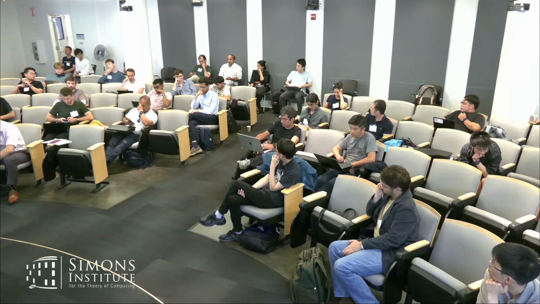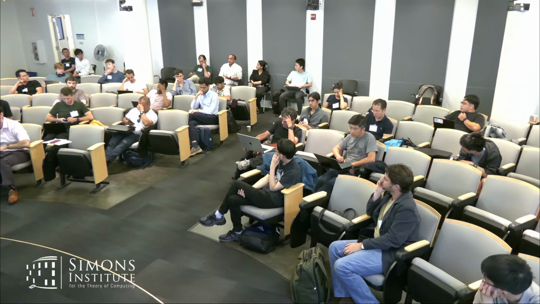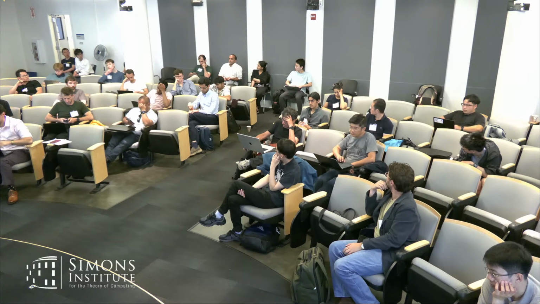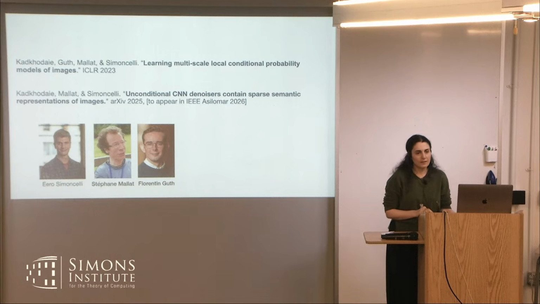I just had a question: if you go to text and you have long-range dependencies, do you think this generalizes in that setting? You mean diffusion models that are trained for text? Yeah, a diffusion model for text. Could you do something similar, or local within that range? Yeah, that's a good question.